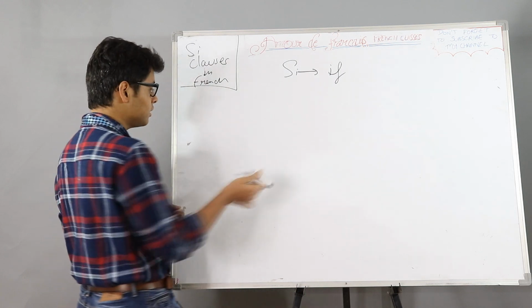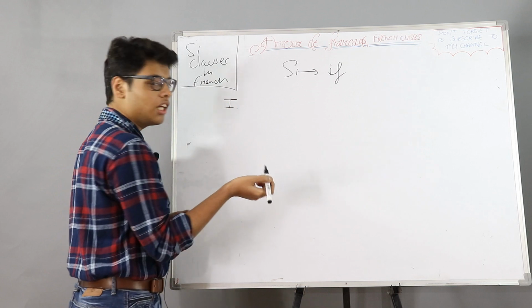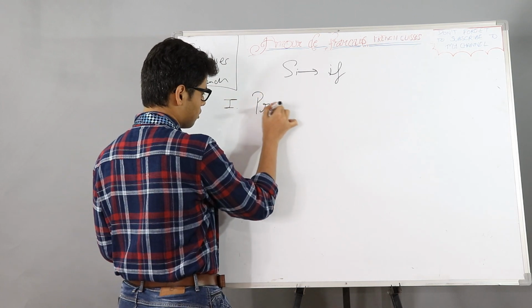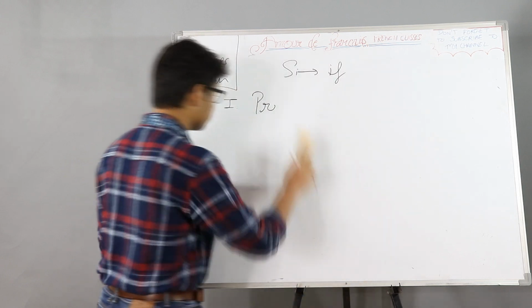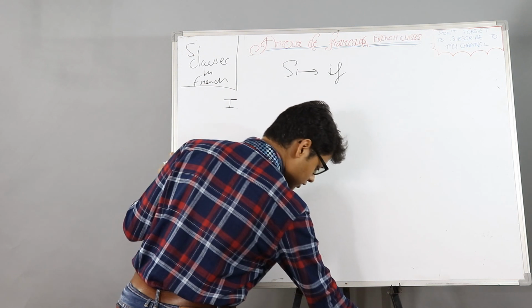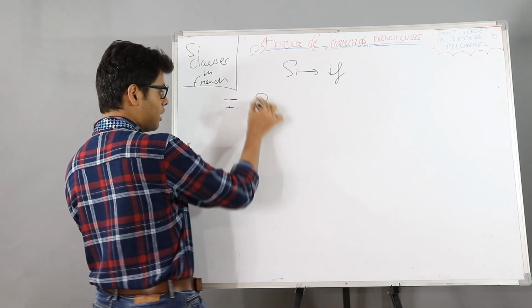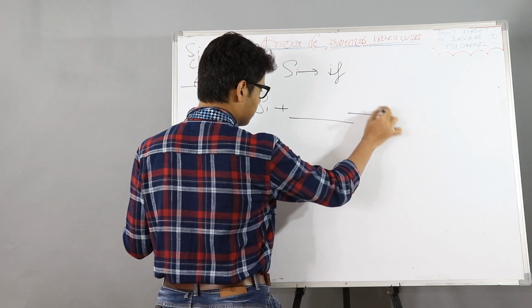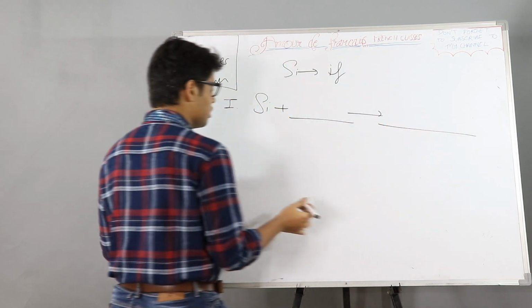So the first case, or you may call it an equation, is: since it's Si clauses, si is sure to come in the equation, si plus dash dash.